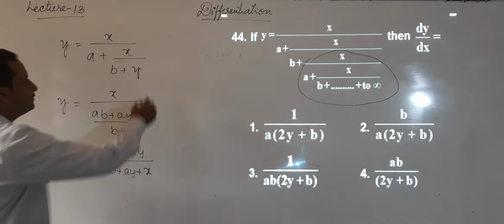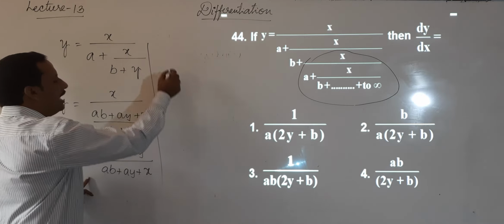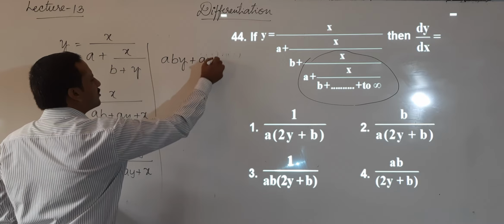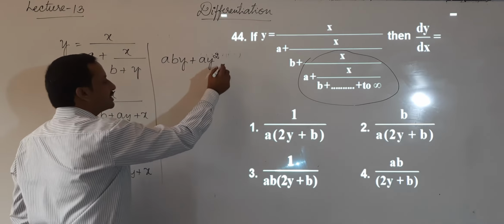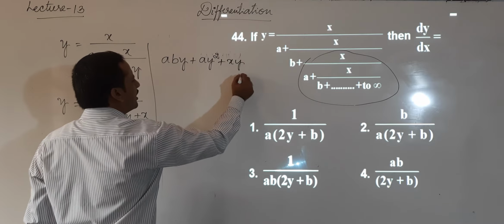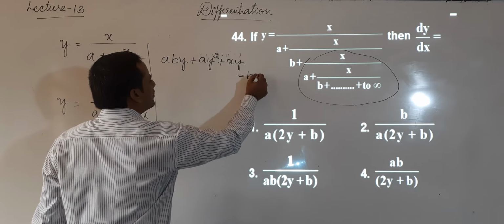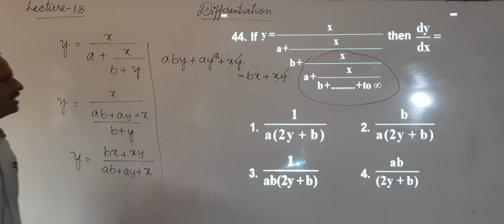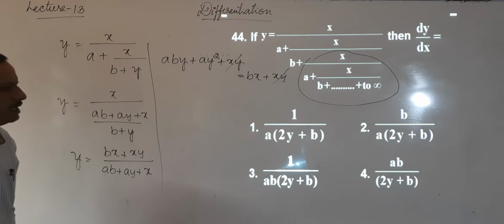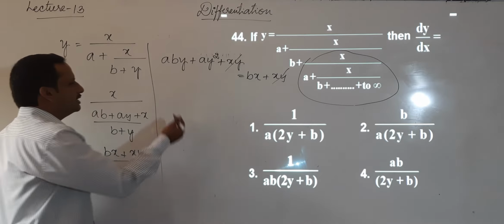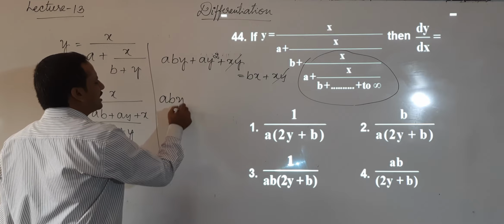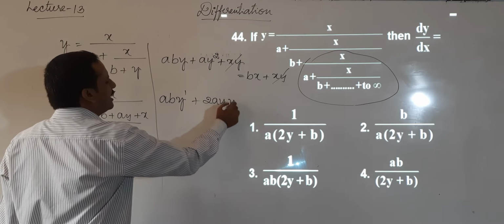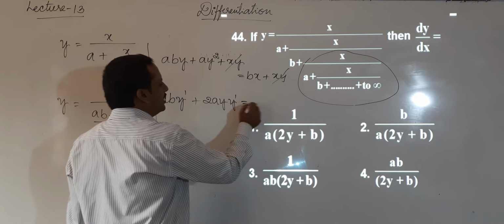Cross multiply. So when I cross multiply it, I am going to get aby plus ay square plus xy is equal to, on RHS what do you have? Bx plus xy. So this xy gets cancelled. Now you have aby plus ay square equal to bx. Let us differentiate this. On differentiating this with respect to x, we get aby y dash plus 2ay into y dash is equal to b.